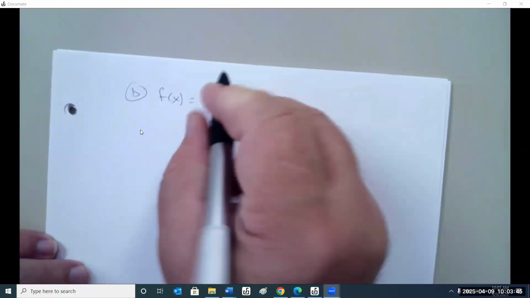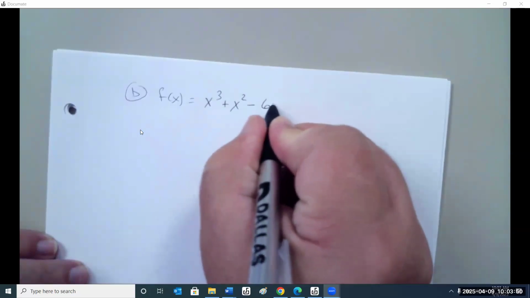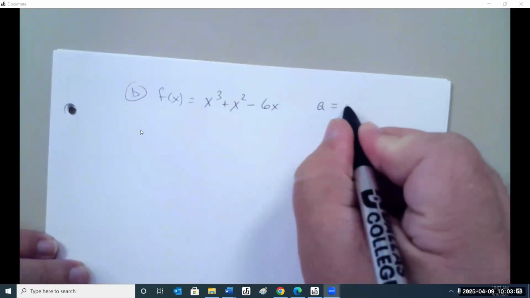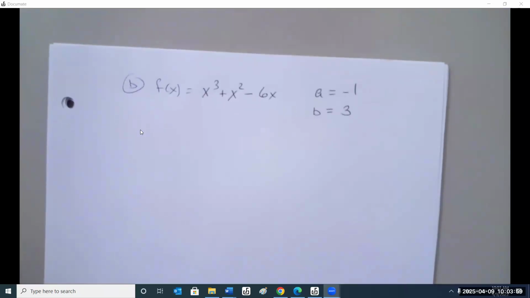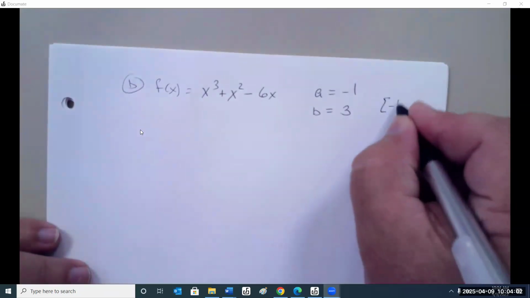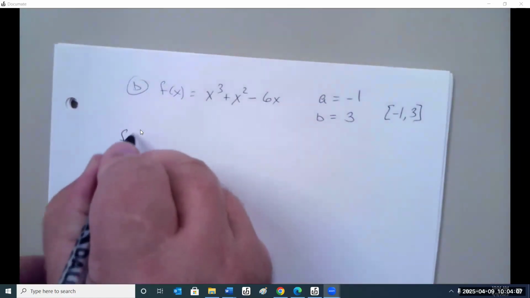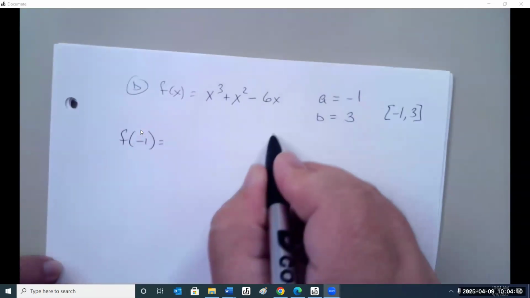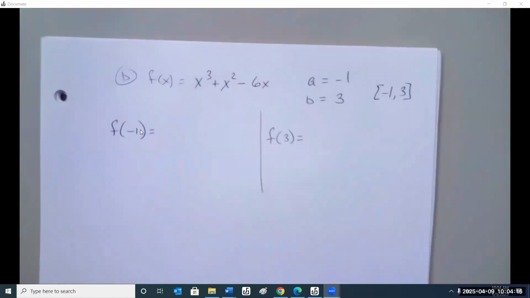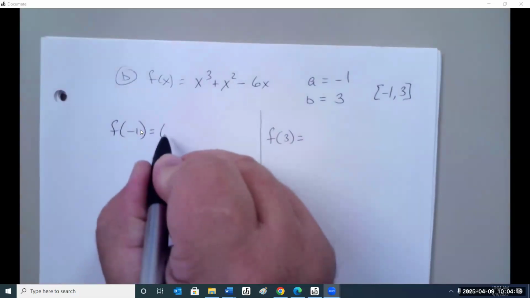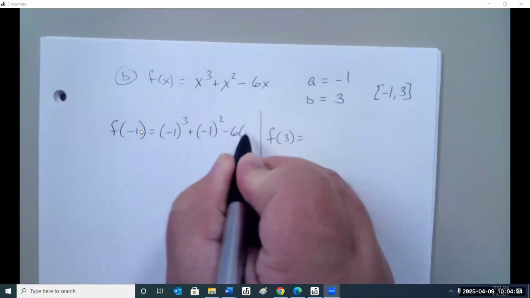The same function, x cubed plus x squared minus 6x, when a is -1 and b is 3. In other words, it's on the interval -1, 3. So plug those two endpoints inside the equation and work them out. -1 cubed, -1 squared, 6 times -1.